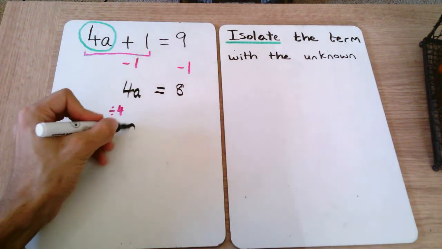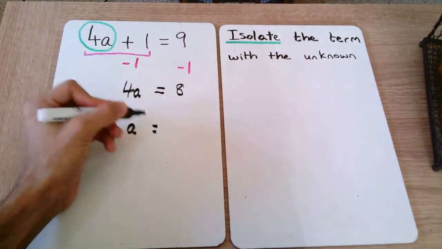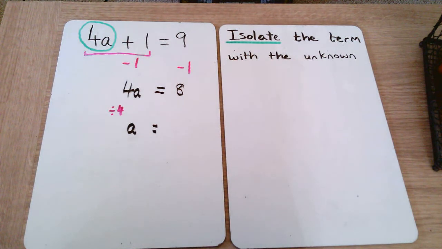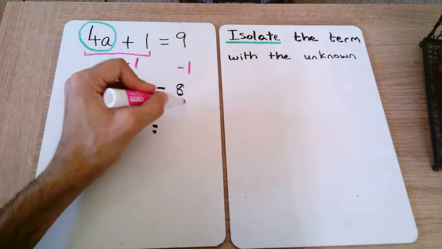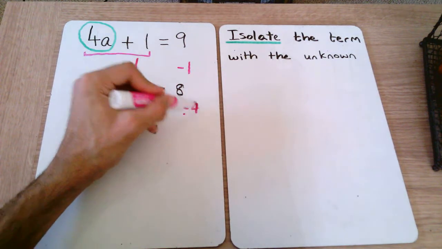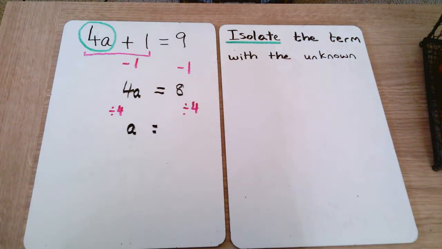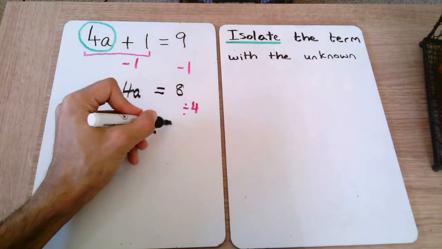But whatever I've done to the left-hand side, I have to do to the right-hand side. If I've done 4a divided by 4 over here, I have to divide this side by 4 as well. And from that, we end up with a is equal to 2.